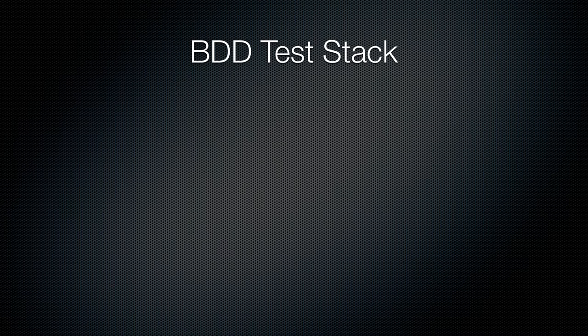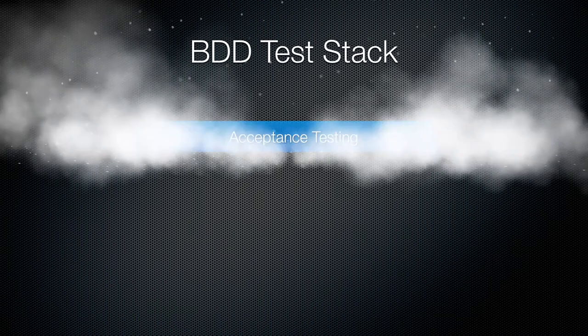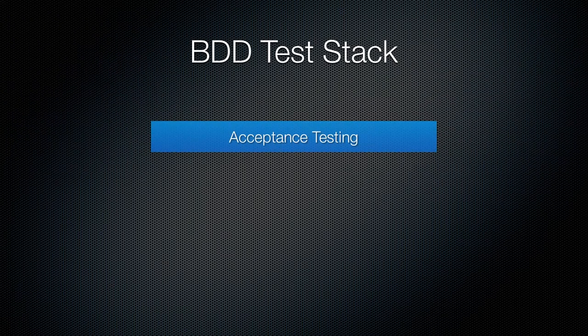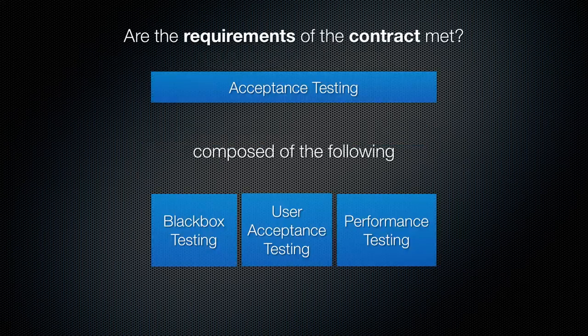If we start looking at the BDD test stack, the outermost layer is what are called acceptance tests. Acceptance tests are really a verification that the requirements of the contract between the technical staff and the business stakeholders have been met.